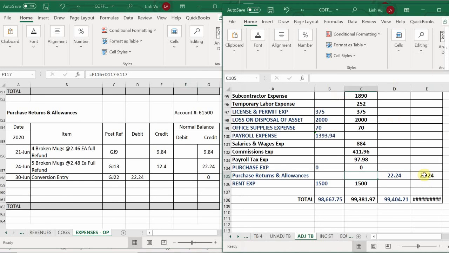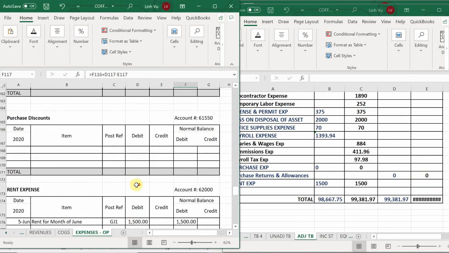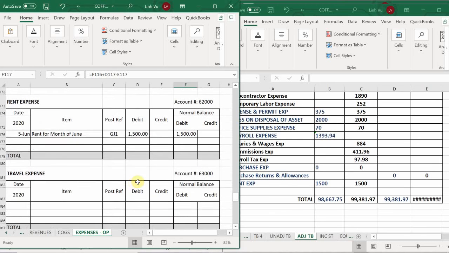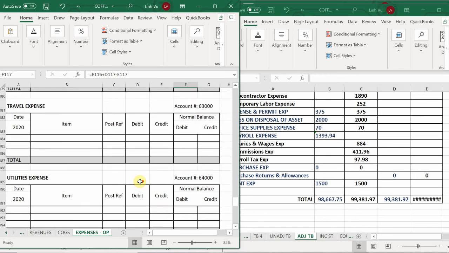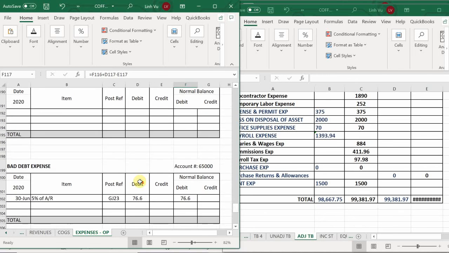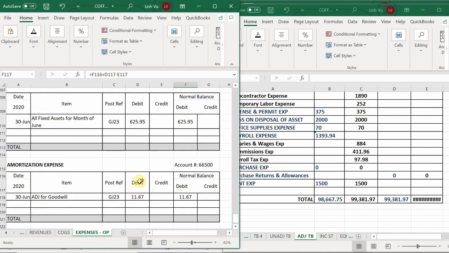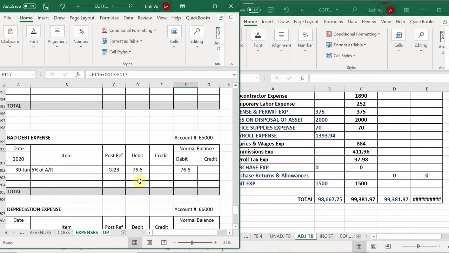The $20 and something cents is zeroed out. Did we have any purchase discounts? No. What about rent expense? The same. Did we have any travel expenses, utility expenses? Nope. The last three we have to do are depreciation, bad debt, and amortization.